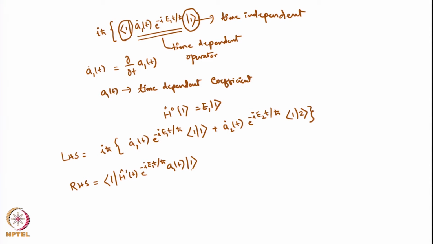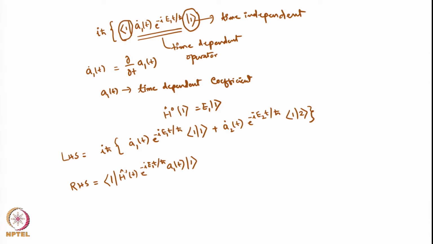So, that is one of the terms. Now you can see that e to the power of minus i E1 t by h bar and A1 of t are just a time dependent phase factor and a coefficient, which you can bring out.